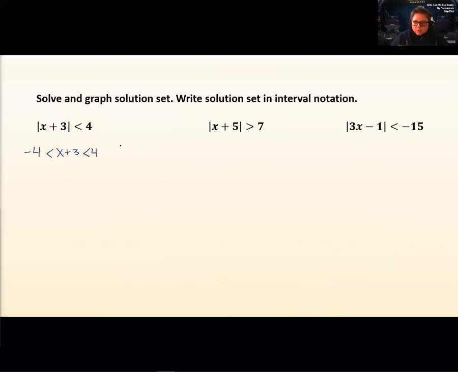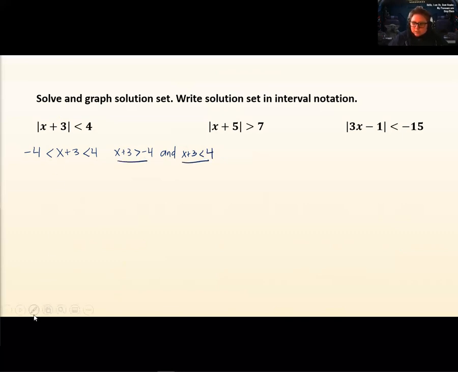So you can write it like that, or you can write it as x plus 3 is greater than -4, and x plus 3 is less than 4. This being the original and this being the other possibility.